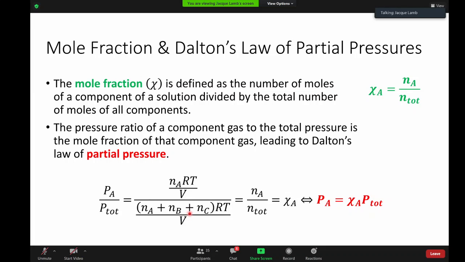So one way of calculating chi is the number of moles of component A. Another way is to calculate the partial pressure of A. So what we're saying here is that the partial pressure of A is equal to the mole fraction of A times the total pressure. And we're saying that chi for a gaseous substance, the mole fraction, can be determined by the partial pressure of A divided by the total pressure. So we can use that.